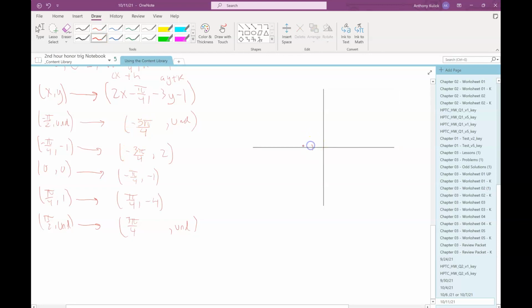So 1/4, 2/4, 3/4, 4/4, 5/4, and 6/4, 7/4, 8/4, so that's negative 2 pi, and 1, 2, 3, 4, 5, 6, 7, 8, that's positive 2 pi, and we got to go up to 2 and down to 4.